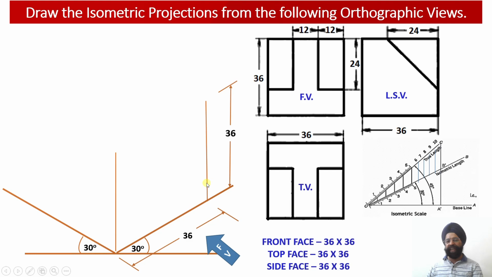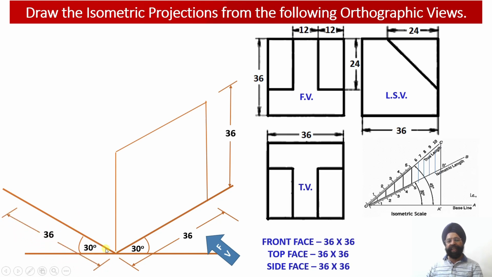So we have to complete this face. Another isometric edge parallel to the y-axis measuring 36 millimeter has been drawn, and another isometric edge parallel to the z-axis measuring 36 millimeter has been drawn. So this completes the front view face of this particular solid. Now let us proceed with the construction of the left hand side view face of the solid.